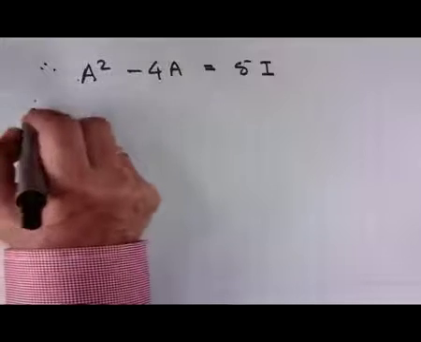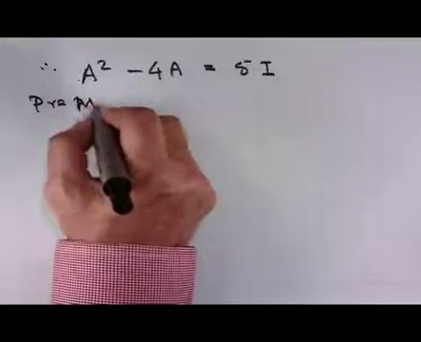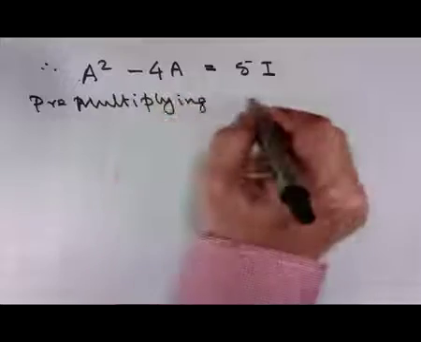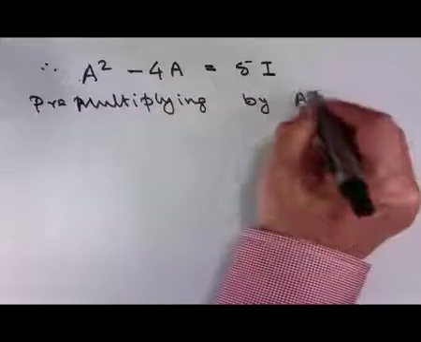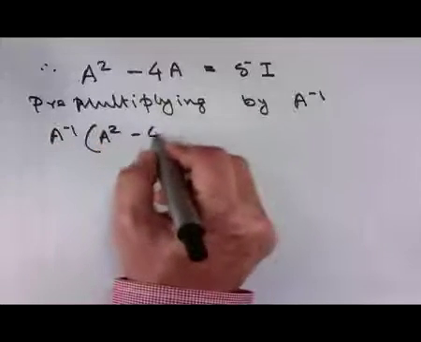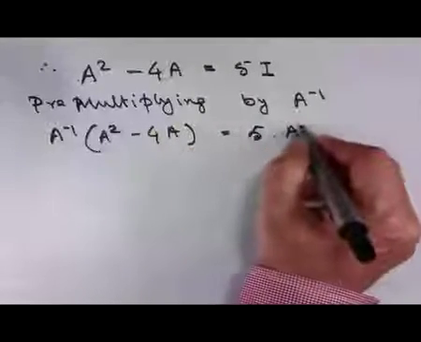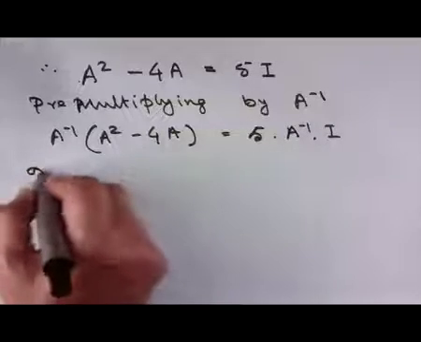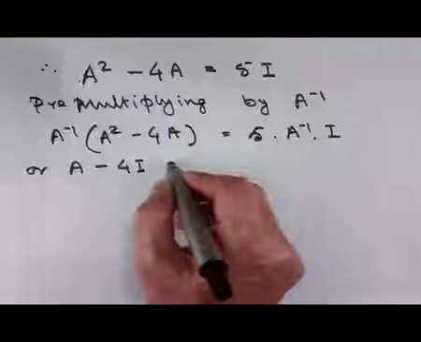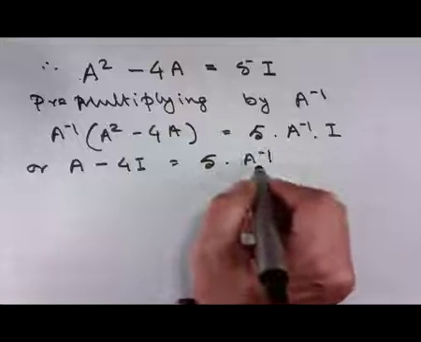Pre-multiplying by A inverse, A inverse into A square minus 4A is equal to 5 times A inverse into I, or A minus 4 into identity matrix is equal to 5 times A inverse.